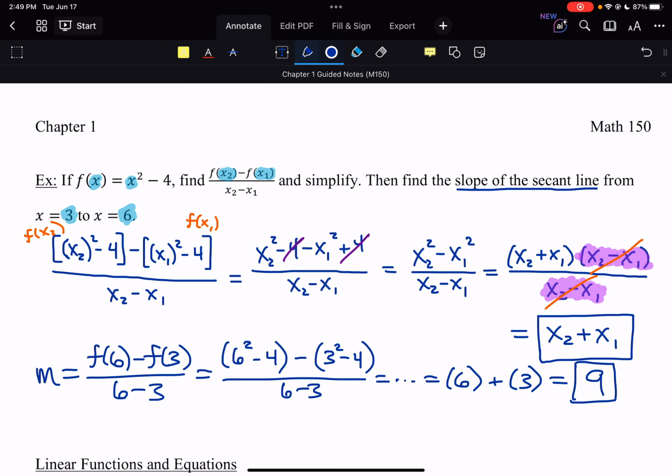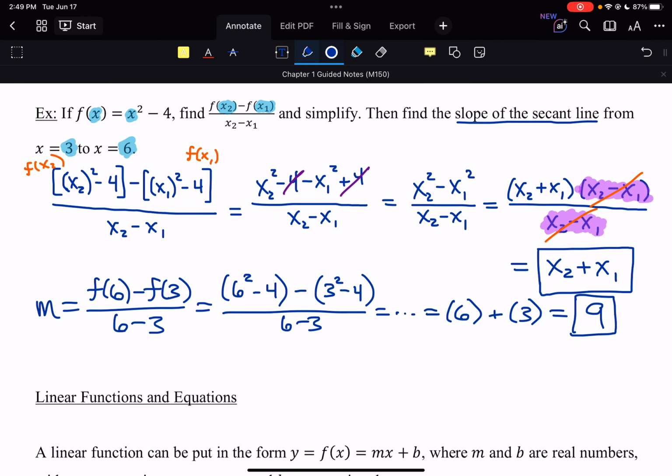But we like having the general formula simplified first because now we can use this version of it anytime we want to go between two numbers for this function. So it can simplify the repetition of having to solve multiple problems using the same f of x. Okay, but that is the slope of the secant line.